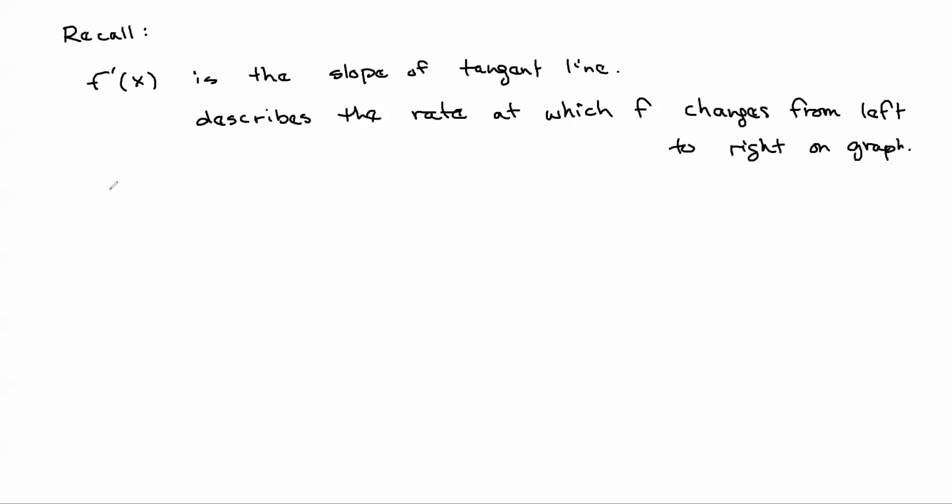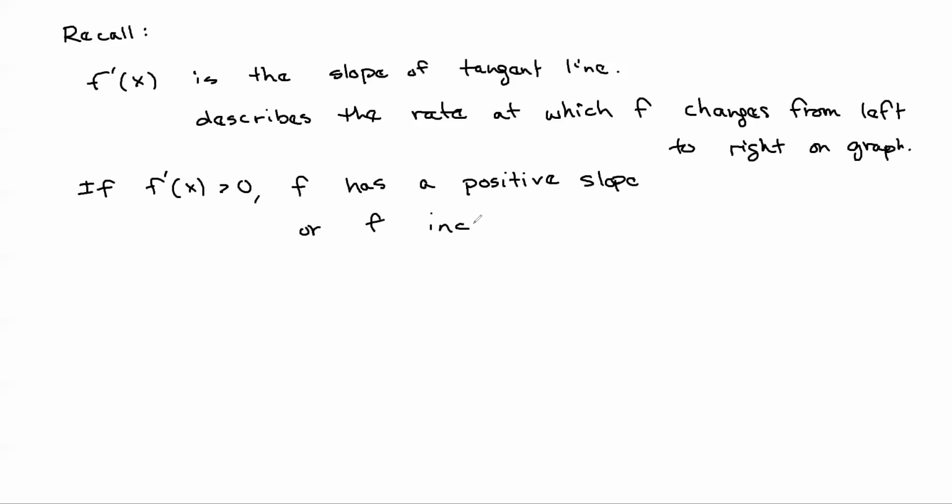Right, so for example, if f prime is greater than 0, then we know that the curve has a positive slope, or that f increases as you go from left to right. This is important. The second part is important because we're going to use the second part more than the first part.